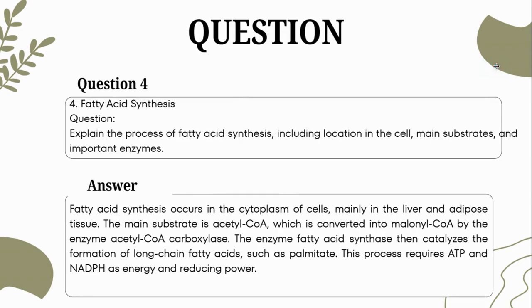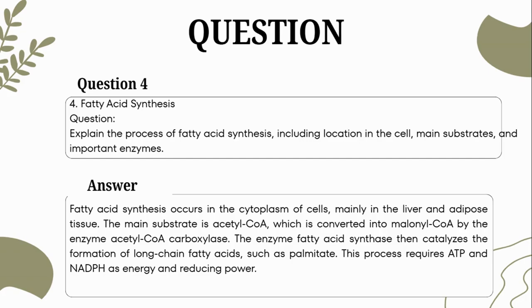Next question is about fatty acid synthesis. Explain the process of fatty acid synthesis, including location in the cell, main substrates, and important enzymes. Fatty acid synthesis occurs in the cytoplasm of cells, mainly in the liver and adipose tissues.